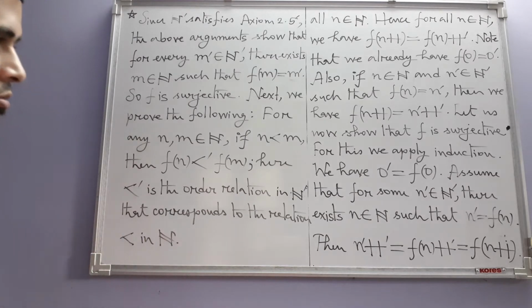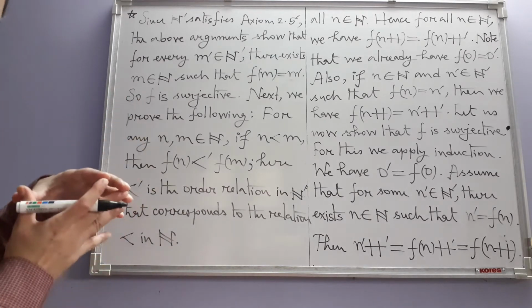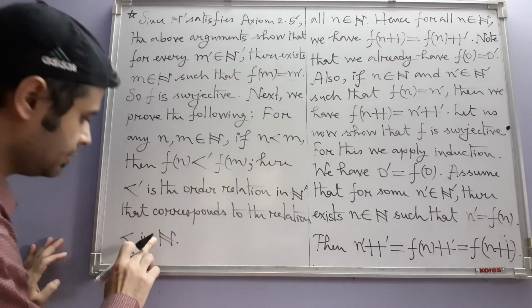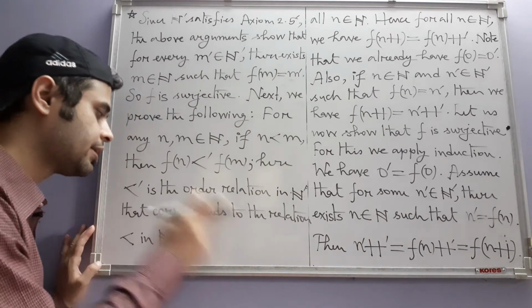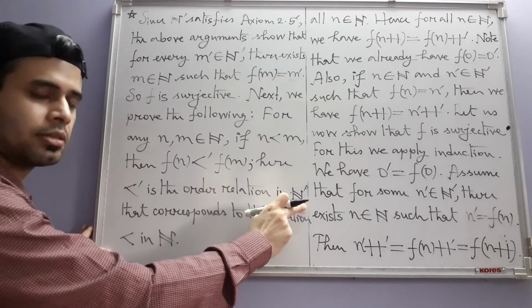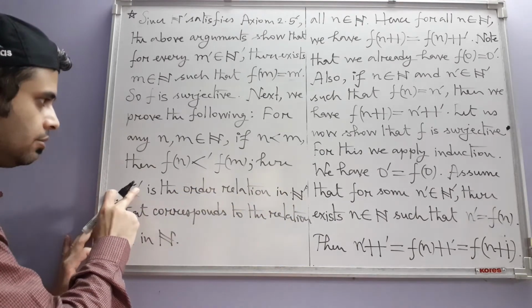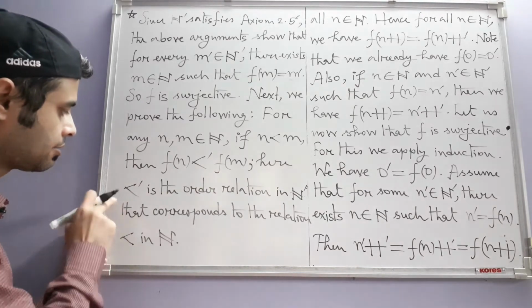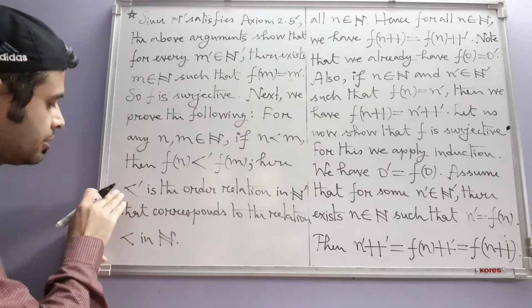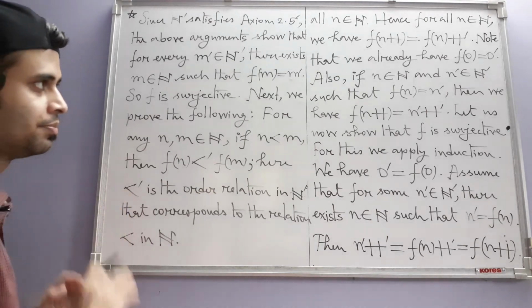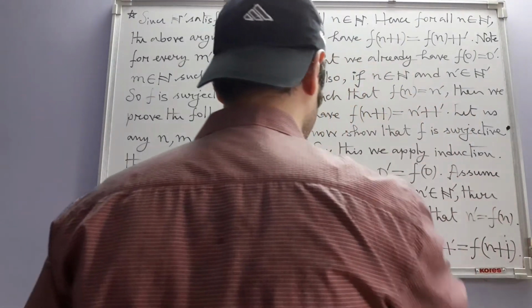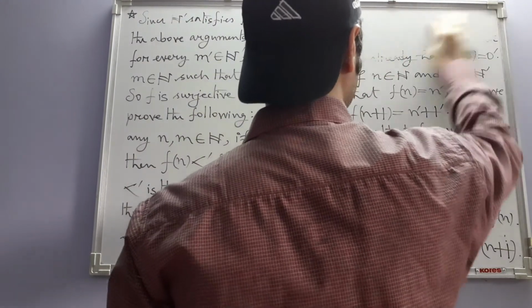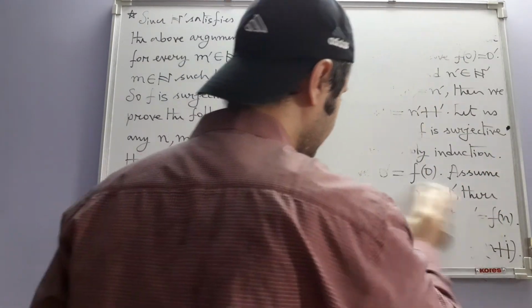And keep in mind, whatever we have developed, whatever theory, all the theorems, all the results that we have developed in this system, they have exact counterparts in this system also. So the properties of ordinary ordered relation, similar properties are also true for this new relation, and this we are going to prove. And this again we are going to prove by induction.